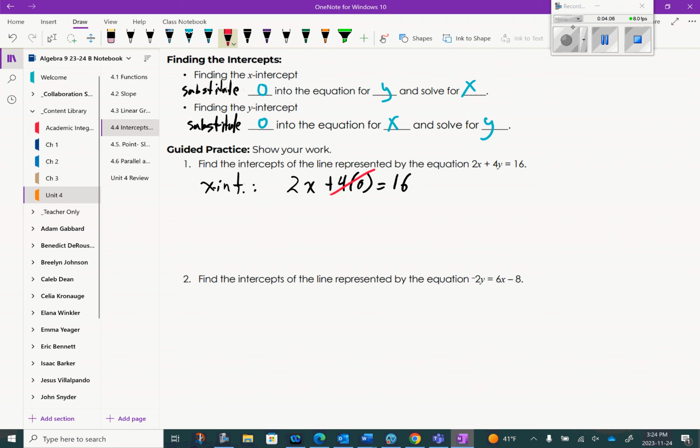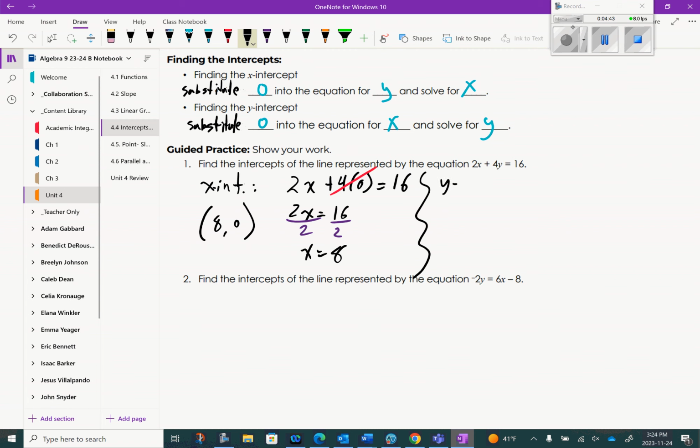And again, that should make things easier for us, because out of the 3 terms we started with, one of them should just disappear. So that means my x-intercept has to have coordinates 8, 0. I know that the y coordinate is 0 because that's what I substituted.